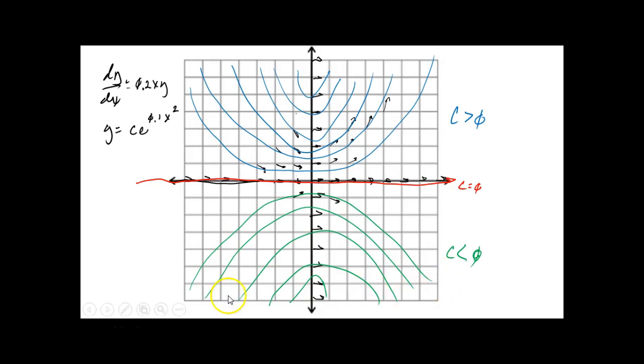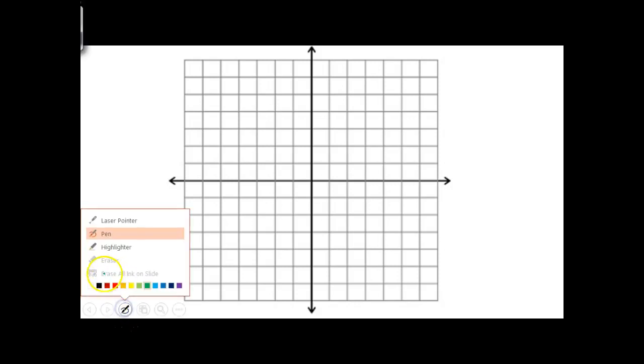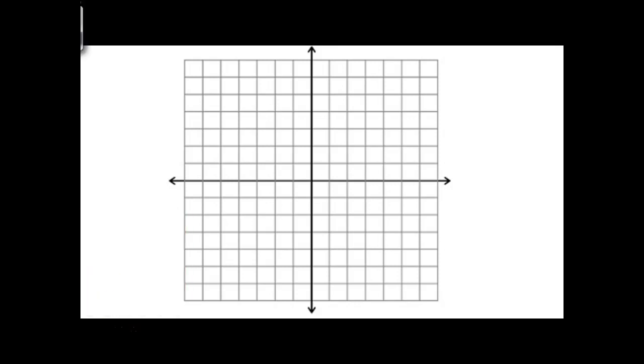Let's do example 2. Use a direction field to sketch an approximate solution curve. Again, these are approximate, so they're qualitative.